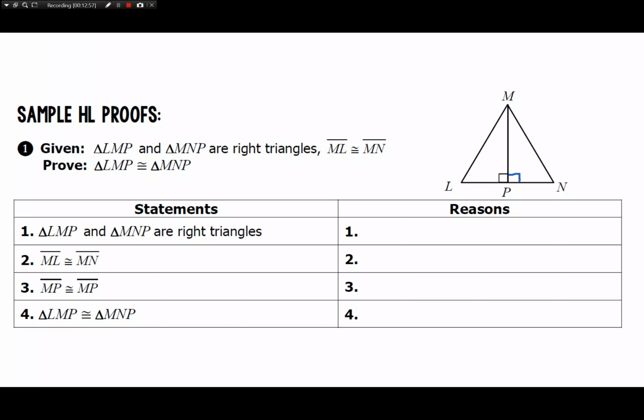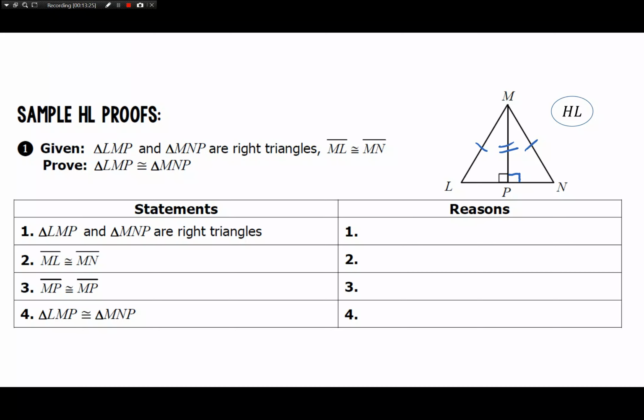We got this other right angle here that we were given. We're also told that ML is congruent to MN, so these two are congruent. The other thing that we have to know is congruent is MP on both of them because they're the same line. So that gives us our hypotenuse congruent and one of the legs congruent of these, so we know it's going to be hypotenuse leg. Circle that, and then we're going to work through our proof.